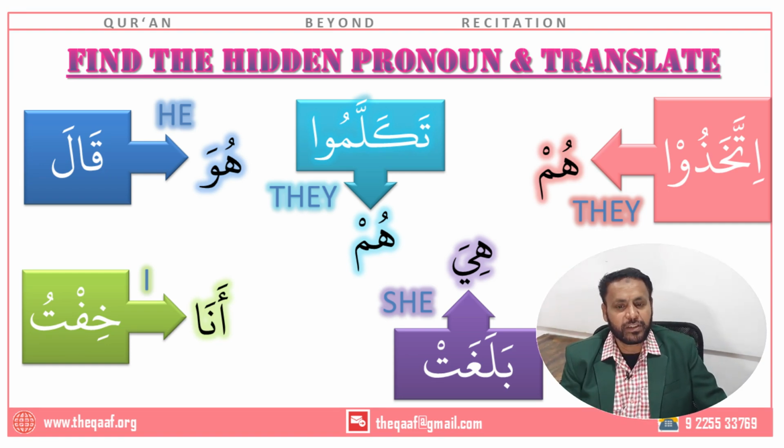Similarly, if there is a word ittakhazu, oh my God, that's a complex word. Doesn't matter. Look at the ending. It is u, which is like takallamu. These are different words, but if the ending is the same, their answers will be the same. That one ended with u and it was they. This is also ending with u, so this will also be hum, and hum is they.